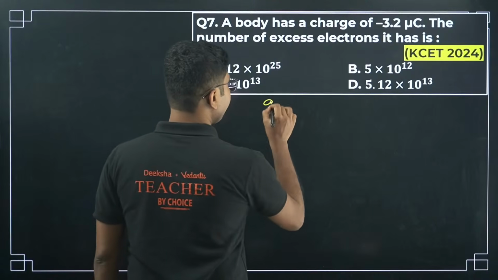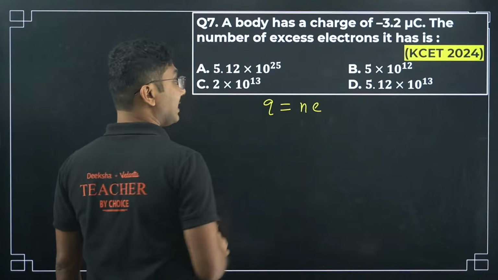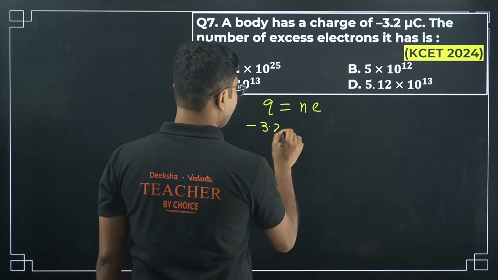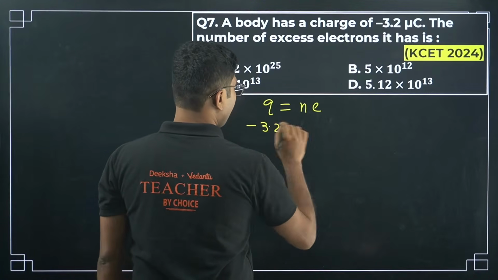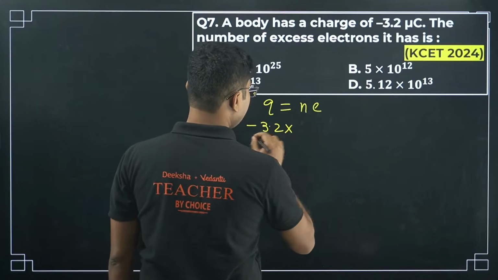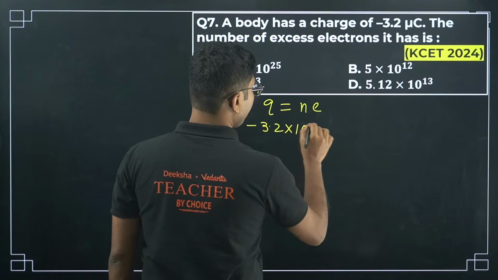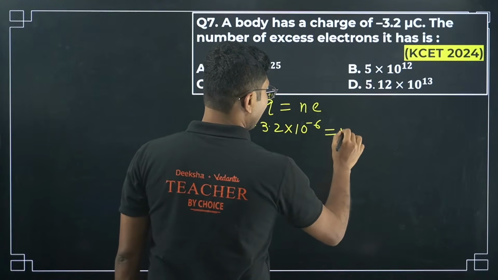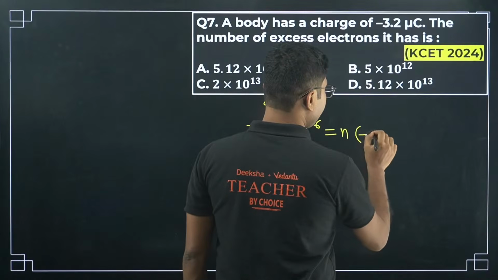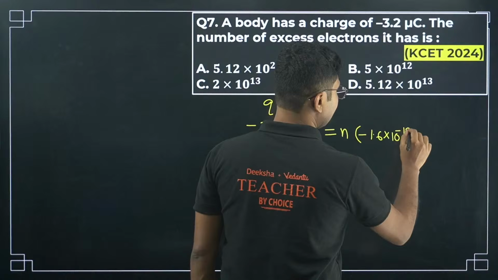Charge is given, and we know that Q is equal to N into E, where N is an integer. Charge is given as minus 3.2, but the sign of the charge does not matter over here; anyway the sign will cancel. Microcoulomb means 10 to the power of minus 6, and we are trying to find the number of electrons, that is N. Charge of an electron is 1.6 into 10 to the power of minus 19.